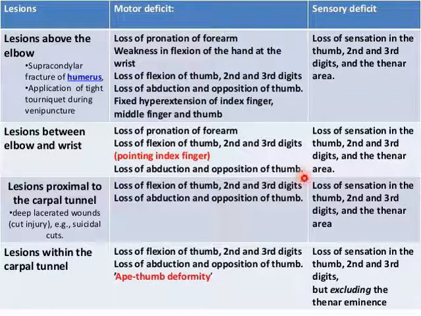The loss of abduction and opposition of the thumb are also seen, along with the loss of sensation as usual for the lateral 3.5 fingers and the thenar area.